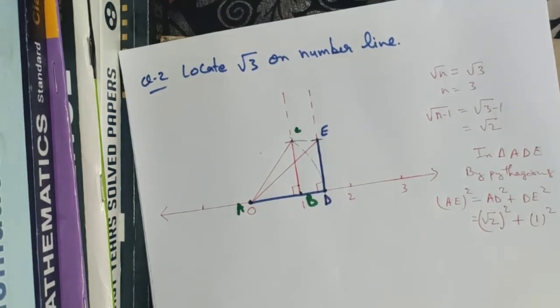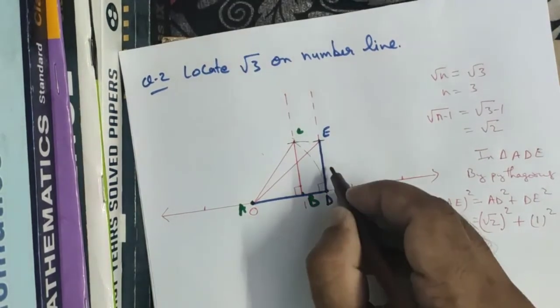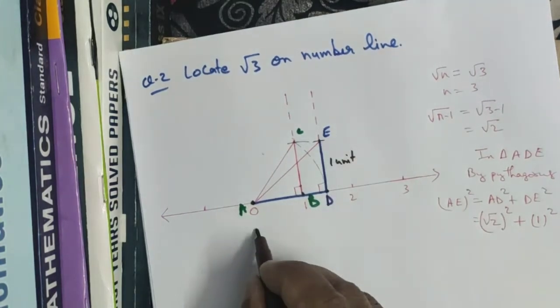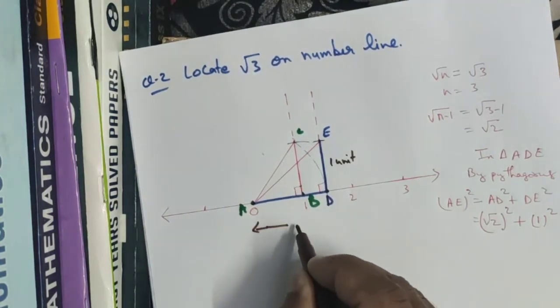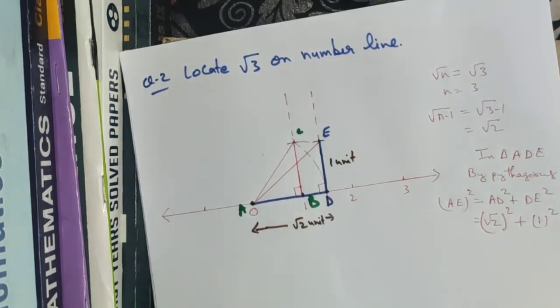Here we can write also DE we have taken as 1 unit, and AD we have taken as root 2 unit. Remember, root 2 is just a little more than 1 because root 2 is 1.4 approx.